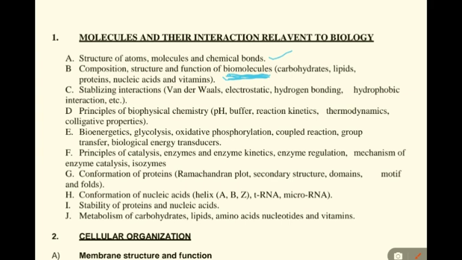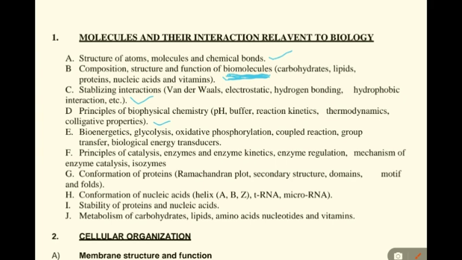Then about stabilizing interactions, that's what I said: van der Waals forces, electrostatic interaction, hydrogen bonding, hydrophobic interaction, it's all about that. Then about pH, buffer, kinetics, thermodynamics, how each biomolecule reacts under this pH, under a change in buffer, under a change in reaction kinetics, under various thermodynamical conditions.